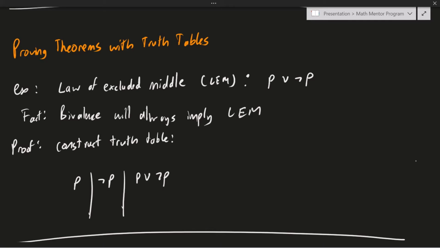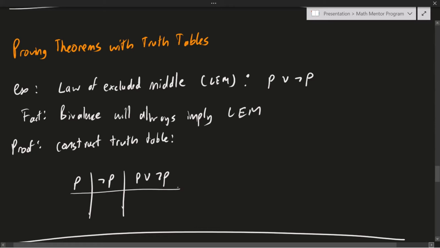So remember at the beginning I stated Leibniz had this thing called bivalence, right? And bivalence was important because it means that a statement can either be true or false, no other possibility. And with this sort of bivalent logic system, something called the law of excluded middle is always true. And the law of excluded middle says that a statement is either true or its negation is true.